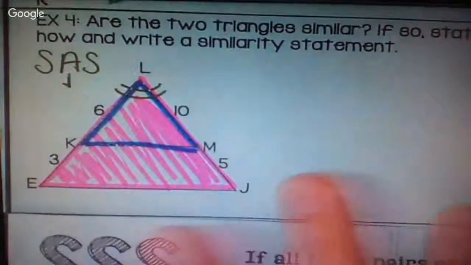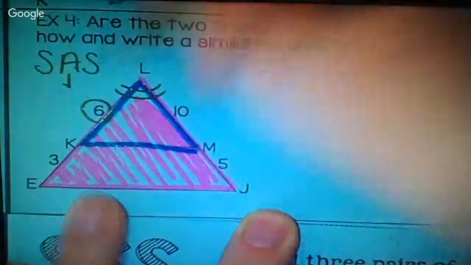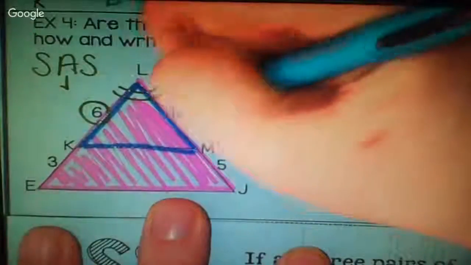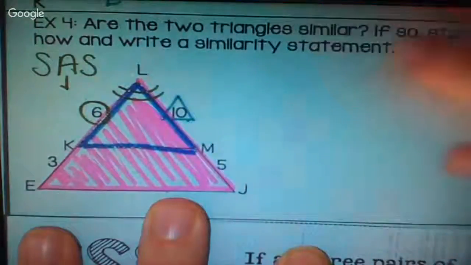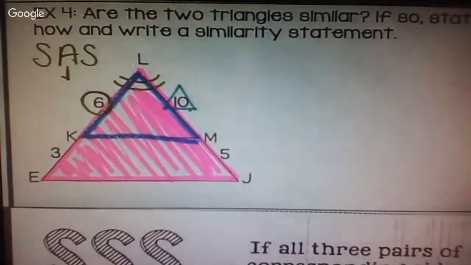My small triangle has a side of 6 and a side of 10. What does my big triangle have? 9 and 15.